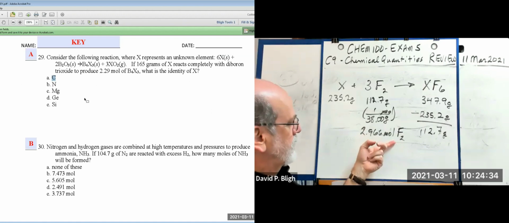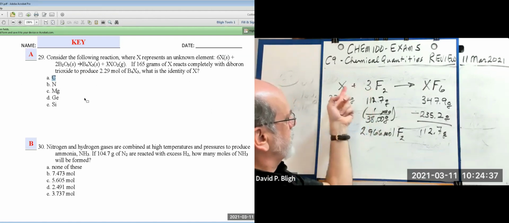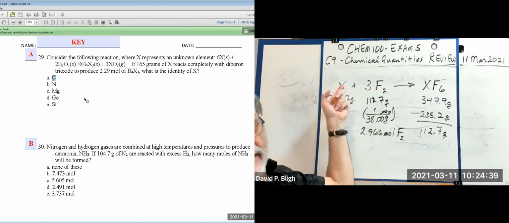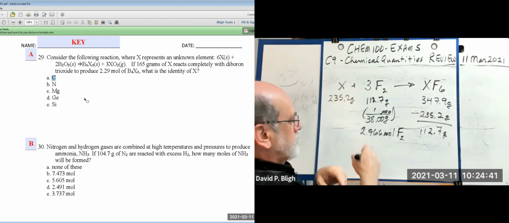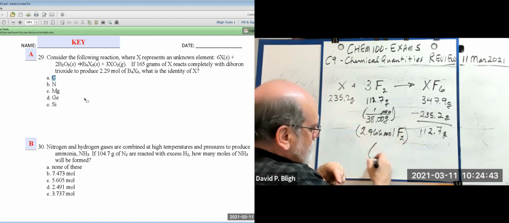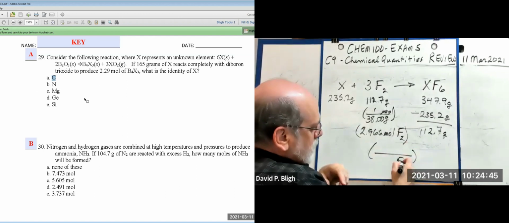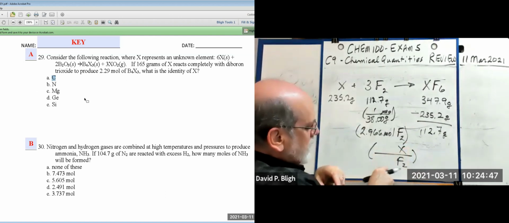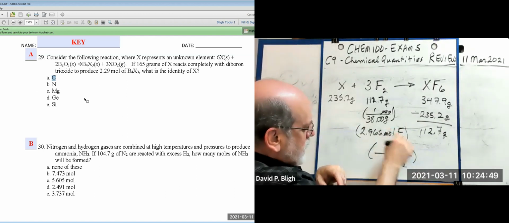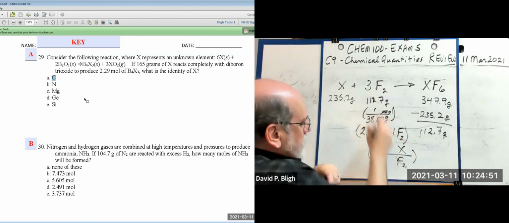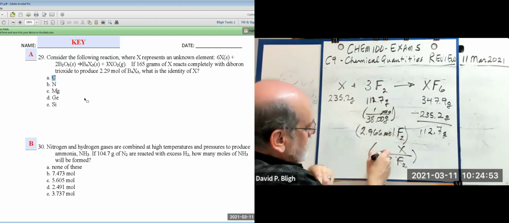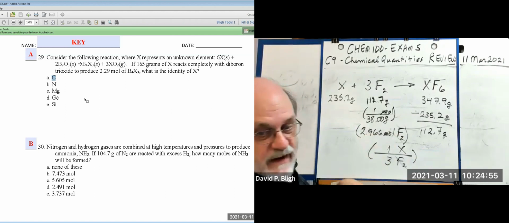F2. So what's the relationship between this one and that one? Because we need to find out how many moles of X there are. 3 to 1. So we get rid of fluorine and leave us with X. This will cancel. And we have 3 here and 1 there. So 3 into that number.